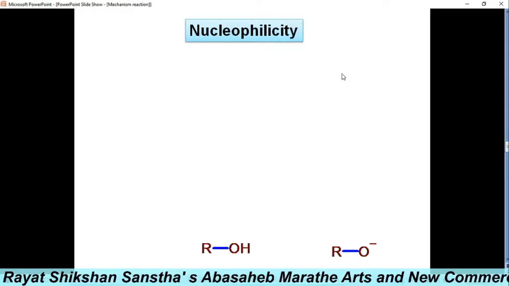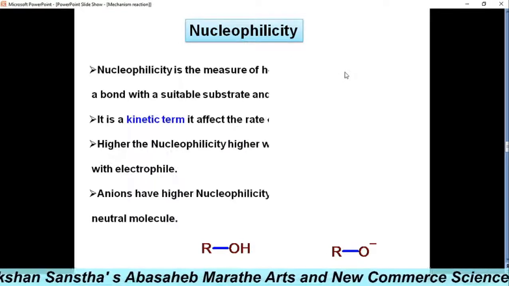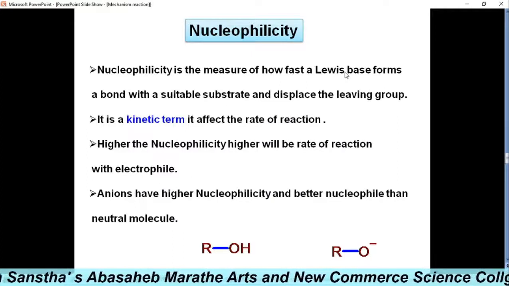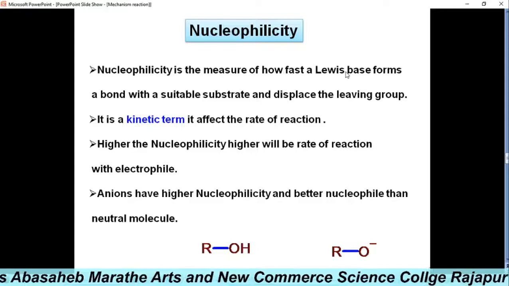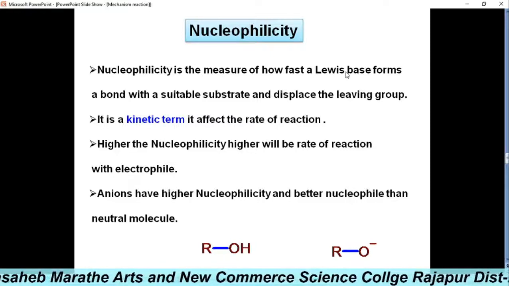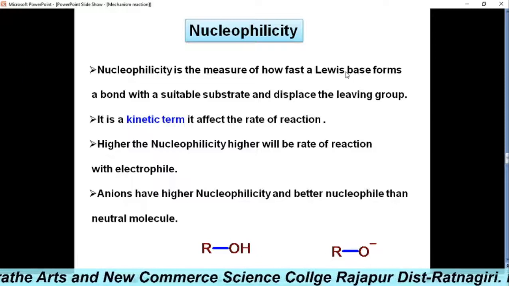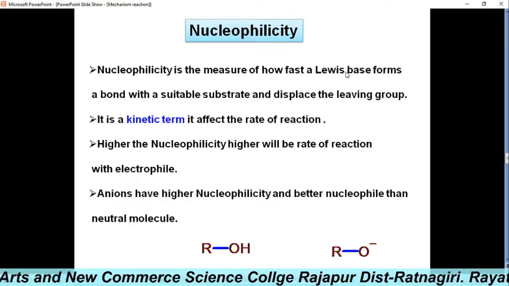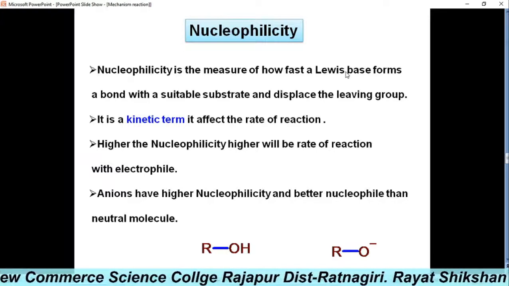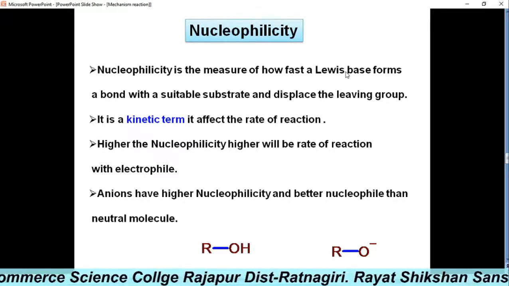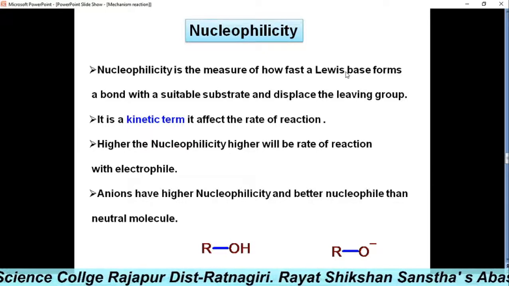Now, the next point, we will see nucleophilicity. You know that electron-rich species are called nucleophiles. Nucleophilicity is a different term, meaning the strength of the nucleophile. Nucleophilicity is the measure of the strength of the nucleophile, which indicates the relative reactivity of different nucleophiles.